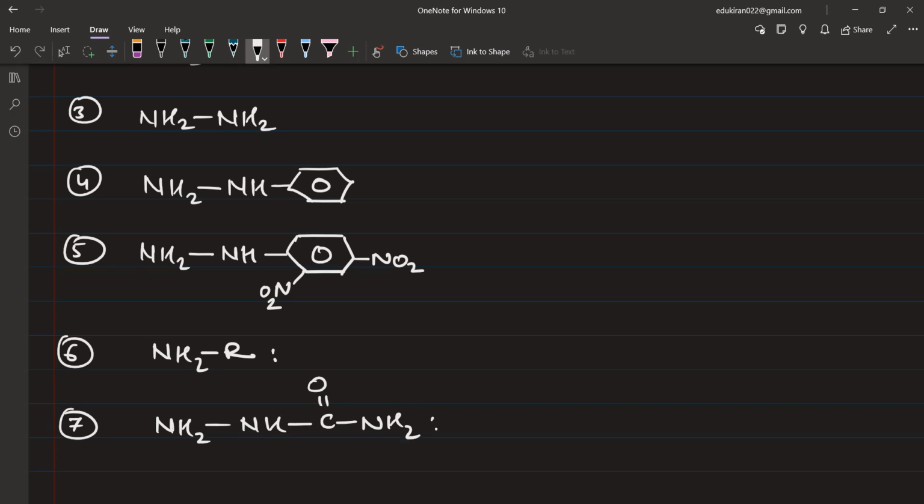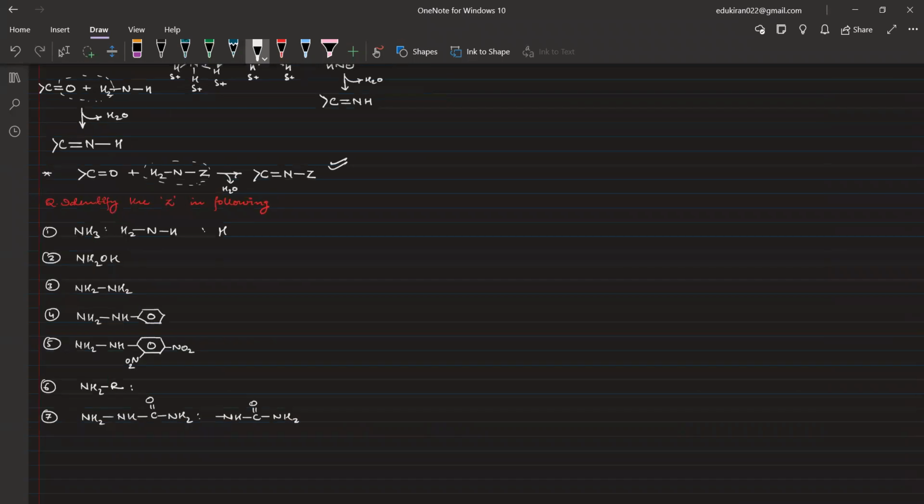Here you have two NH2. You have the NH2 that is directly bonded to the carbonyl carbon. Then you have the NH2 that is bonded to NH. So this NH2 you will remove, and the rest of it is Z. So what is the Z here? It is NH, C double bond O, NH2.